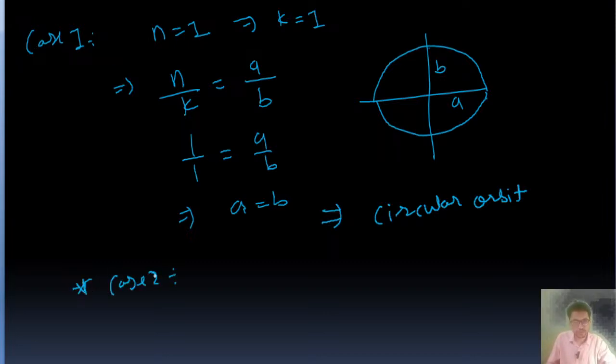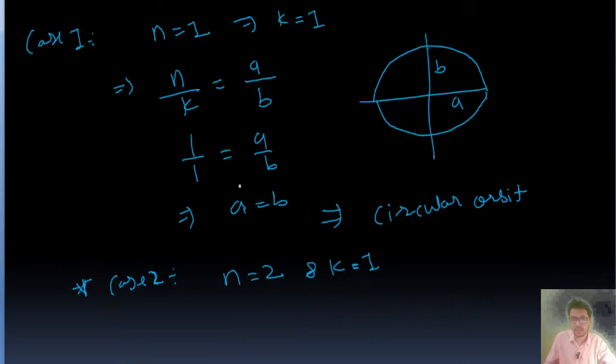Case 2 is n equal to 2 and k equal to 1. Here n is greater than or equal to k, so k equal to 1 and n equal to 2. In that case, n upon k is 2 upon 1, which equals a upon b, because n upon k is a upon b.